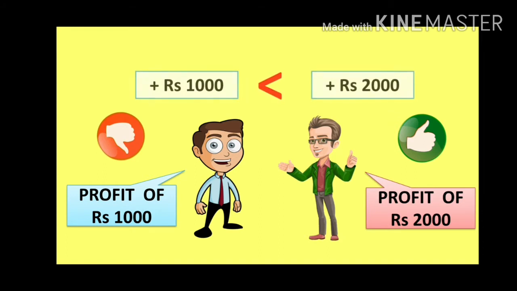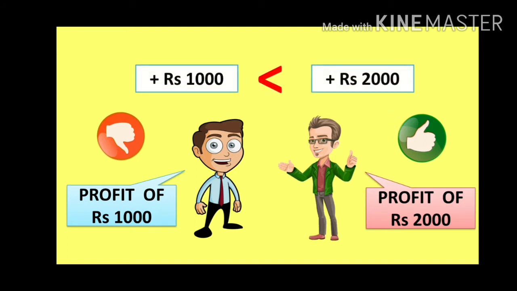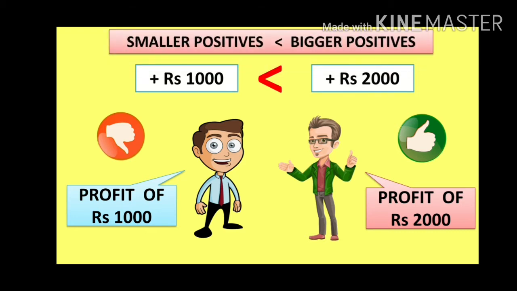So a profit of 1000 is plus 1000 and a profit of 2000 is plus 2000. Smaller positives are always less than bigger positives, or the reverse, bigger positives are always greater than smaller positives. So plus 2000 is greater than plus 1000.